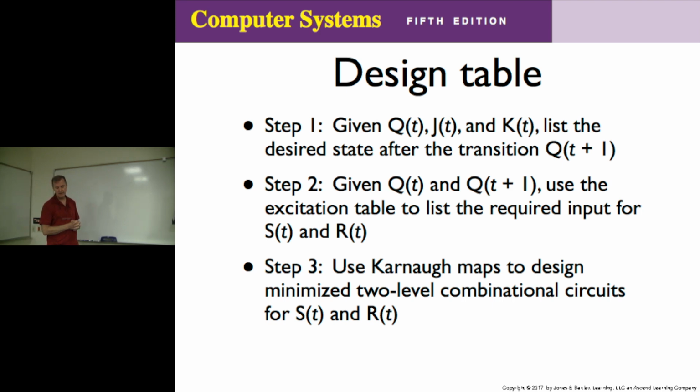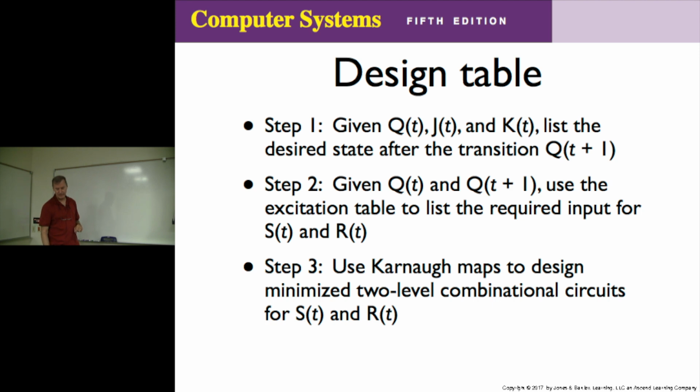Step 2, given Q at time t and Q at time t plus 1, use the excitation table to list the required input for S at time t and R at time t. Step 3, use Carnot maps to design minimized 2-level combinational circuits for S at time t and R at time t. Now this sounds really complicated, but once we get the concepts down, it's really not that difficult.